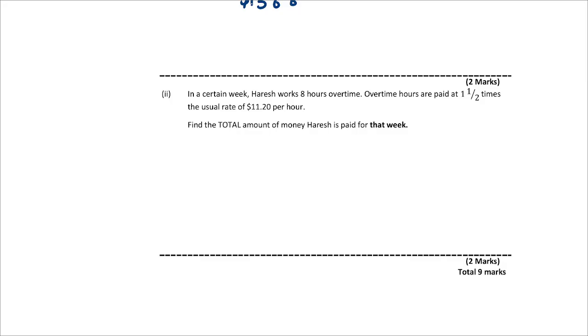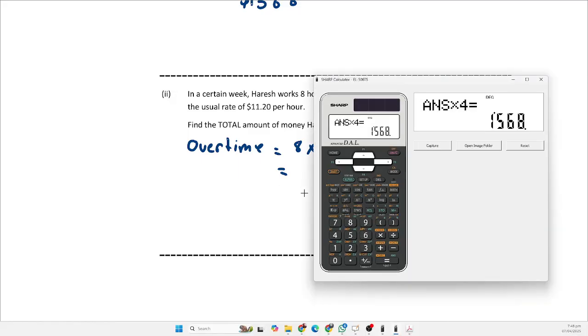Okay. So first off, let's find out how much overtime it is. So overtime would be 8 hours multiplied by 11.20 multiplied by 1.5. So his total overtime, use a calculator, or you could say 1 hour of overtime is 11.20 multiplied by 1.5. So 8 hours would be 1 hour multiplied by 8, but I'm just doing it in one go.